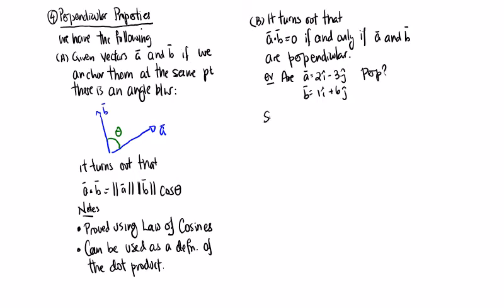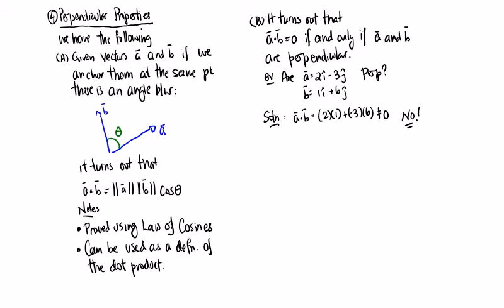All you do is take the dot product. You get 2 times 1 plus negative 3 times 6. You don't get 0. So no. All right, that's it. So really a nice, simple test of perpendicularity.